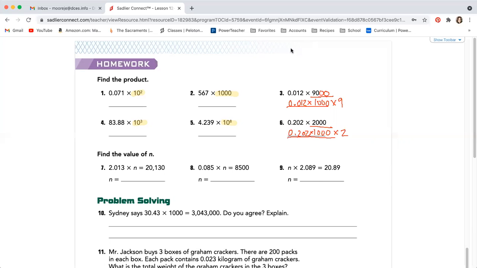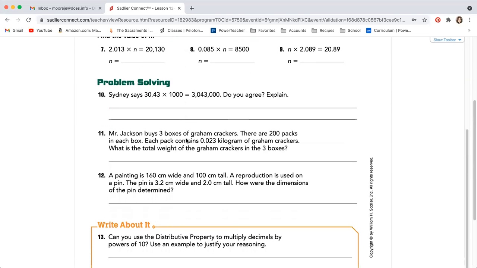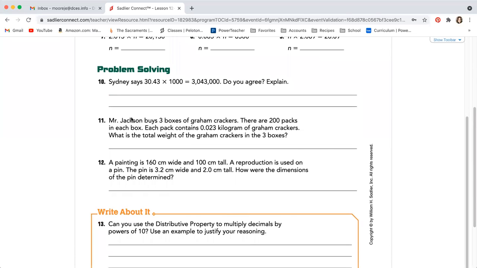Let me look down the page just a touch. Let's set up number 11 together. So Mr. Jackson buys 3 boxes of graham crackers, 3 boxes. There are 200 packs in each box. So imagine 200 in one, then 200 in another, then 200 in another, which makes how many packs altogether, everyone?